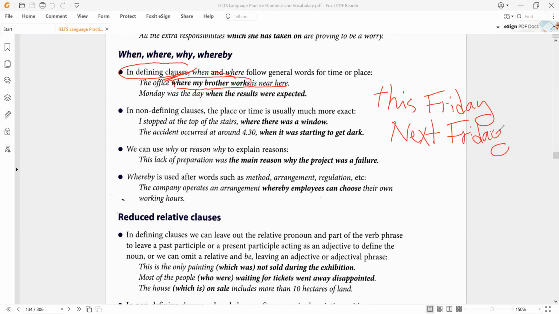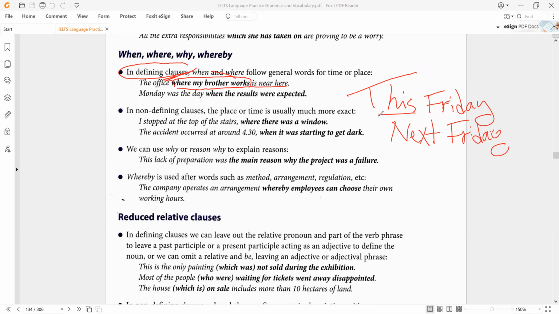What's the difference between them? In speaking, we make this mistake, by the way. Many students make this mistake. It's a common mistake. If I say this Friday or next Friday, what's the difference?